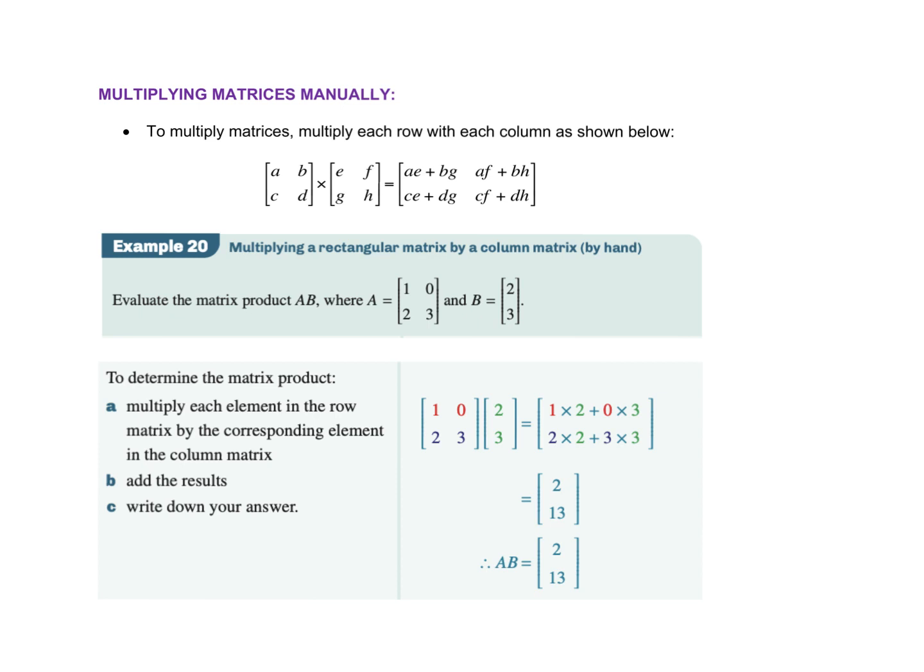But we do need to know how to work it out manually, because there are going to be questions that test this theory where there's no way you can do it on your calculator. You have to show how it is done. All right, so let's have a look here.